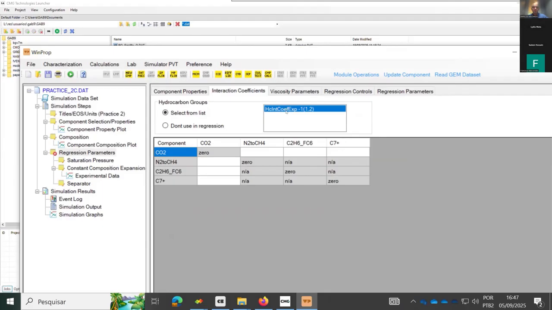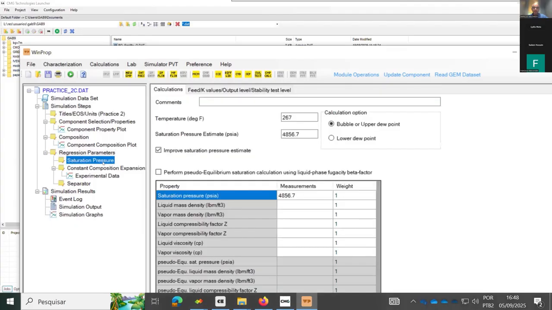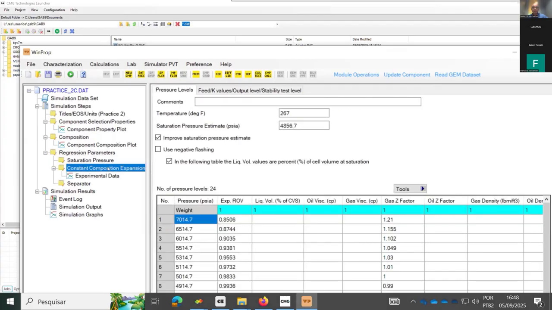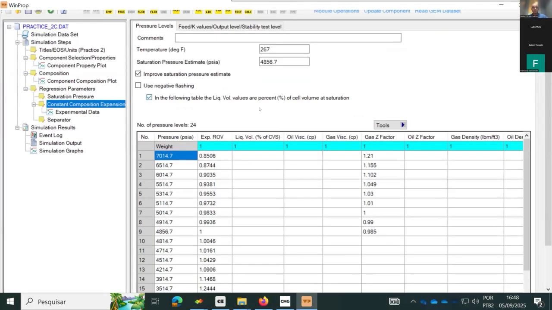So let's regress on this correlation in order to get the match between the prediction and the lab experiments. Let's start with a weight of 1. Okay, let's use 1 as a default weight. If we need to put more weight on a specific property, we can adjust later, okay? But let's start with one.